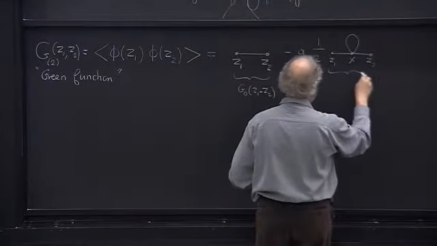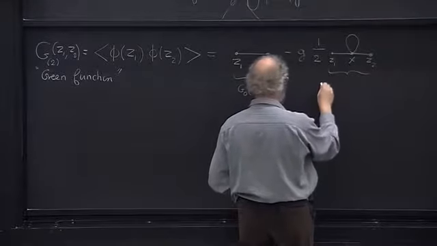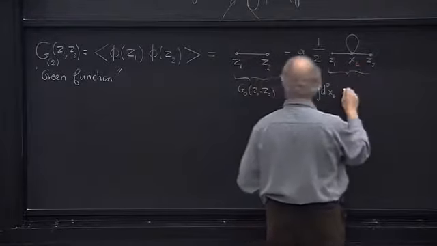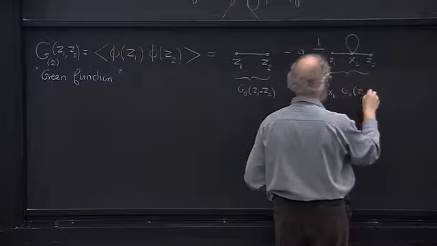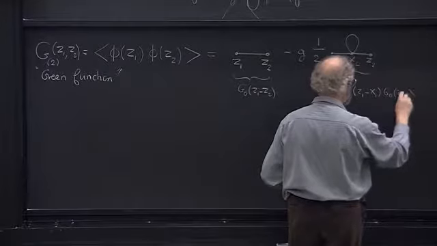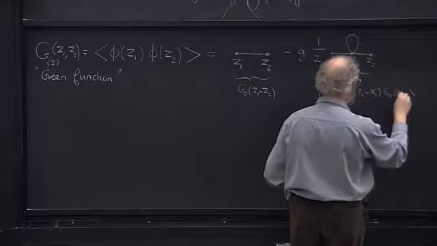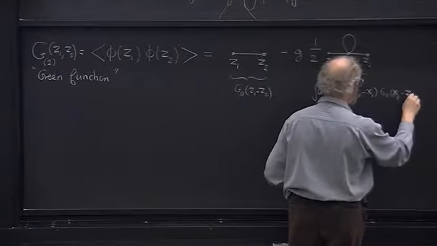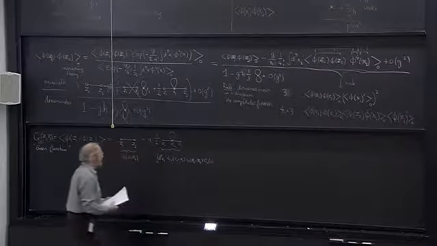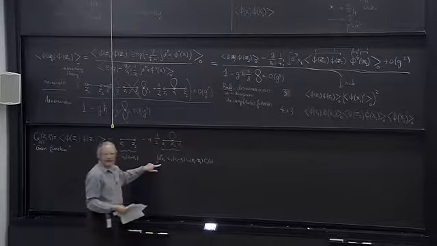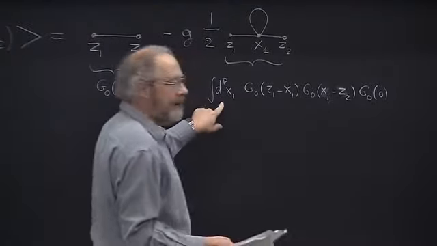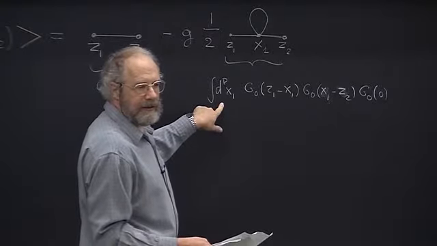And this represents the following amplitude: integral d^d x1 of G0 of Z1 minus x1, G0 of x1 minus Z2, times G0 of 0. So these diagrams represent these amplitudes, which are the integrals of these products of propagators integrated over the internal vertices. Okay?